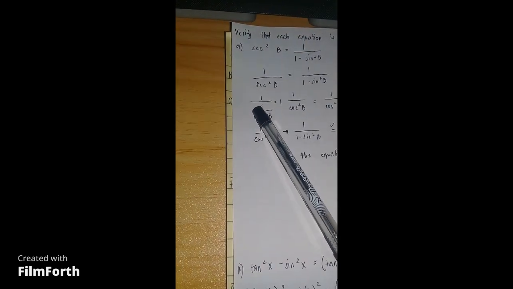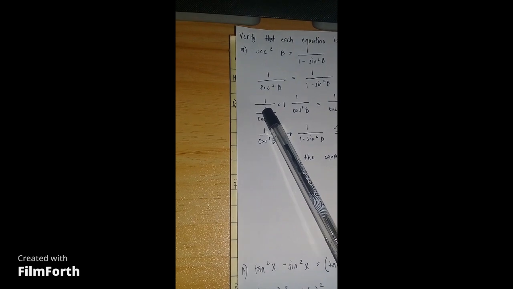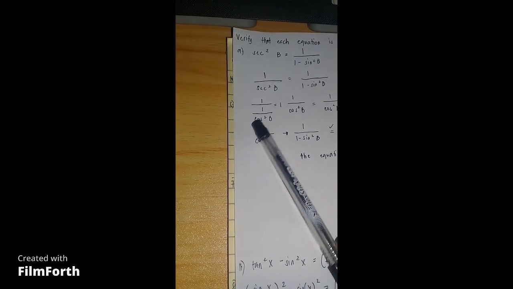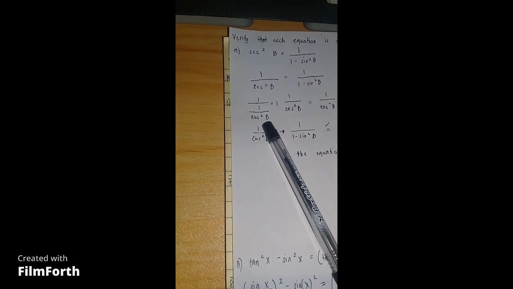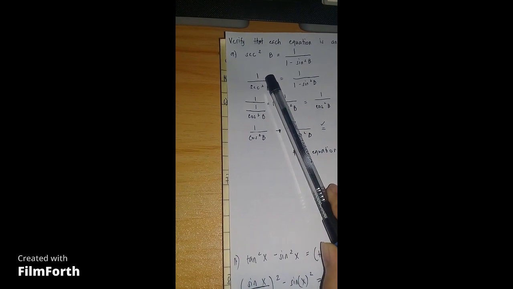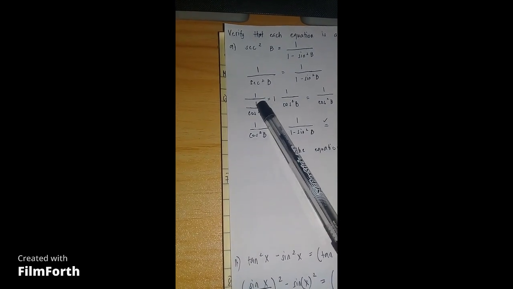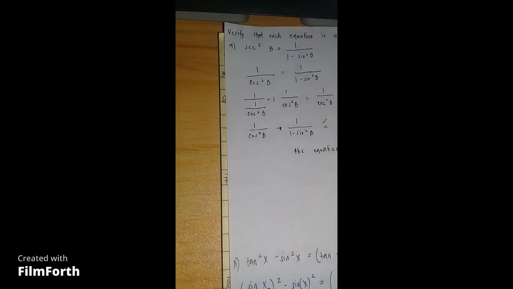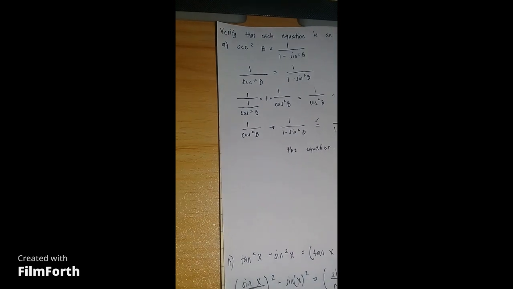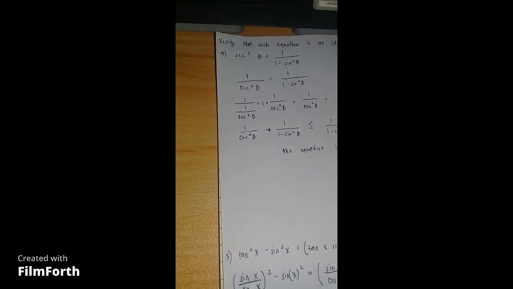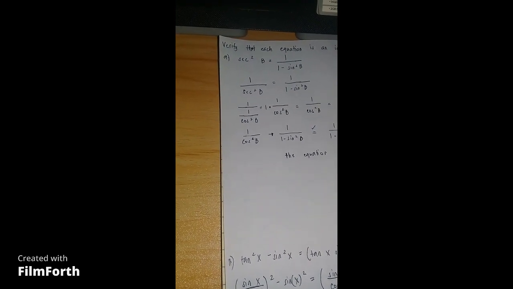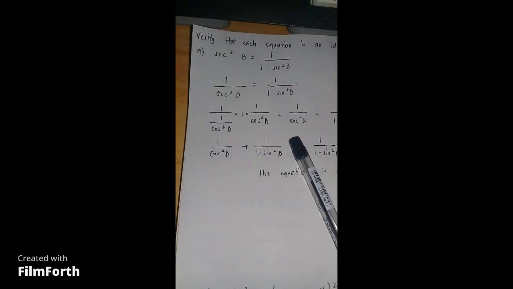So here we have 1 over 1 over secant squared b, so this is the value of 1 over secant squared b. So equals 1 times 1 over cos squared b.